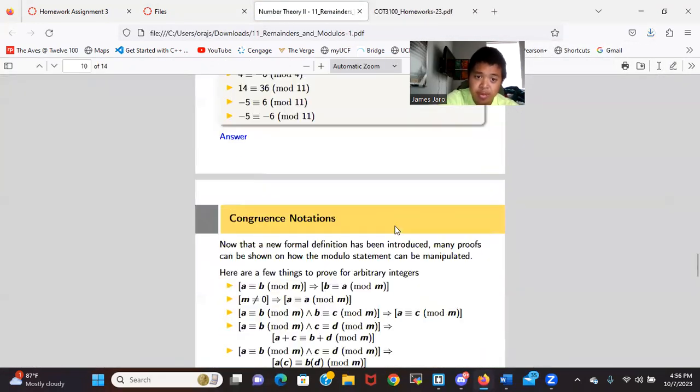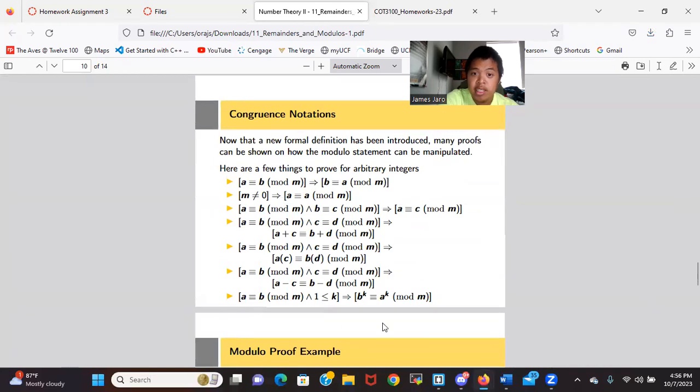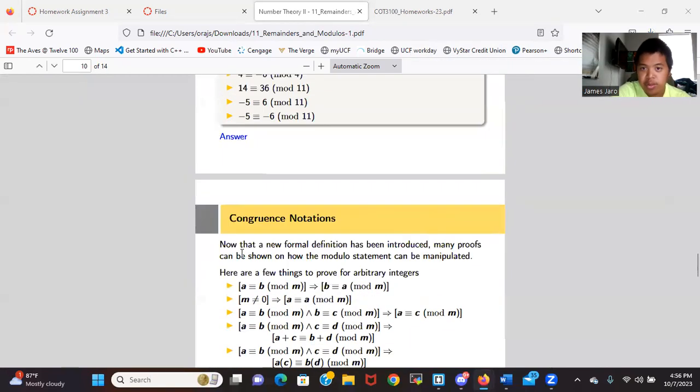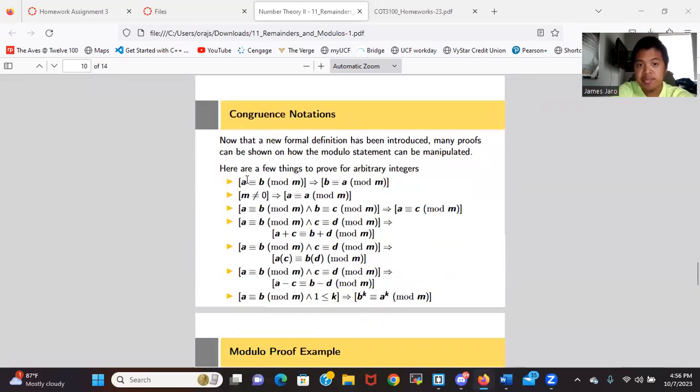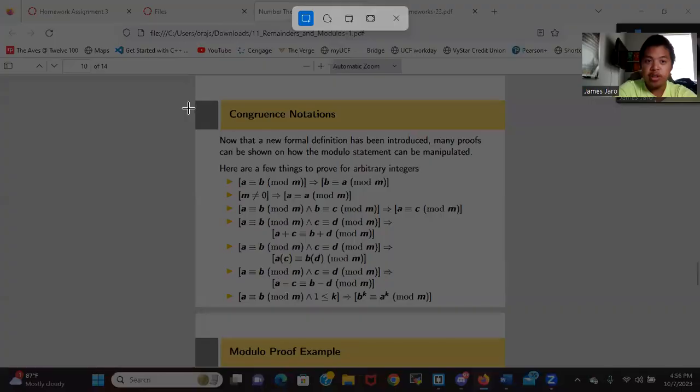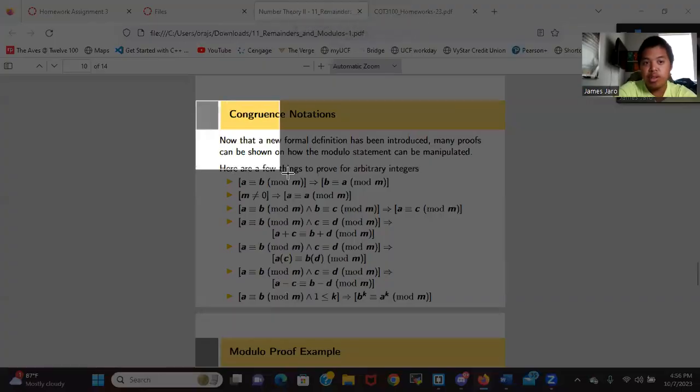And while you do not need to prove this, and I will never ask you to prove this, there's quite a few properties that we can use here. Every single one of these bullet points here are properties of modulo that we can use to our advantage, which are very, very useful.